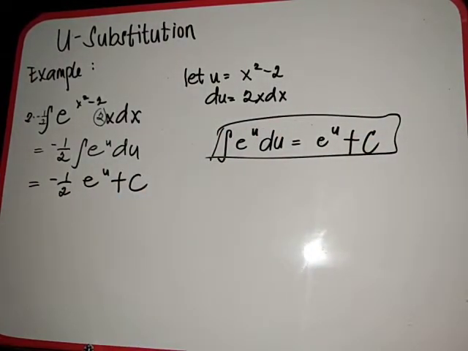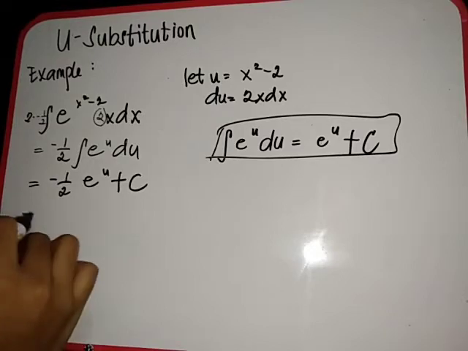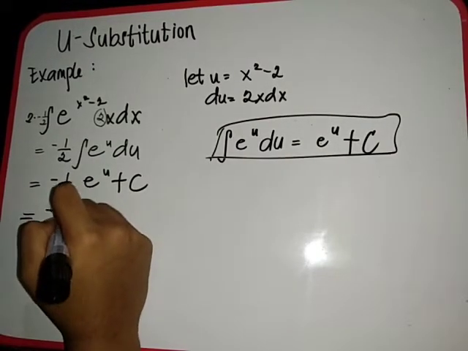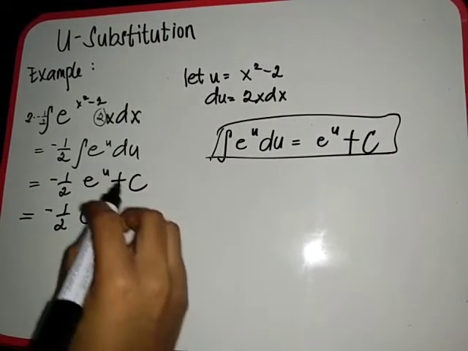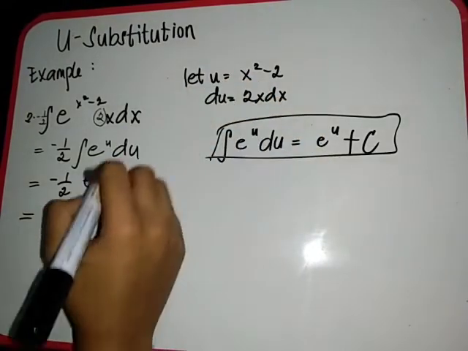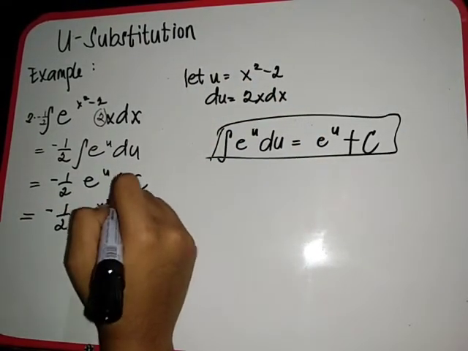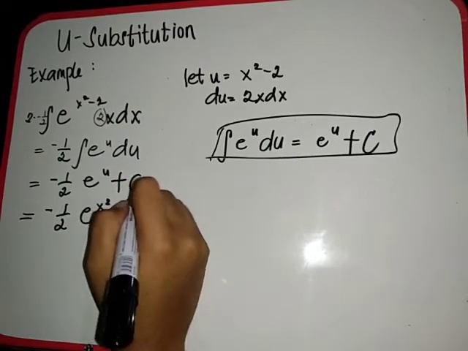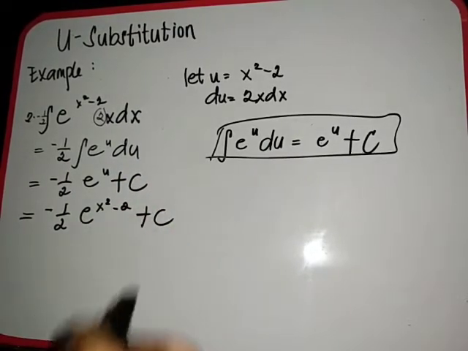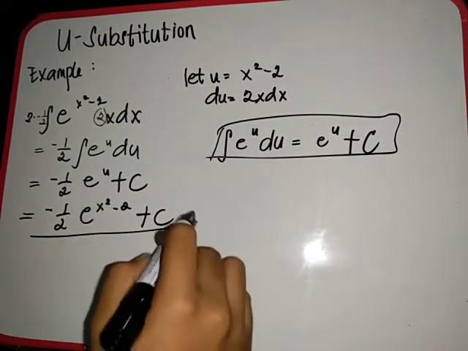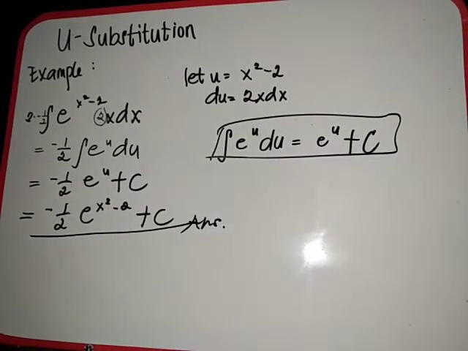So our final answer is negative 1/2 e, where our u will be substituted by x raised to 2 minus 2, plus c. And this is our final answer for our example number 2. And that's it for our u substitution.